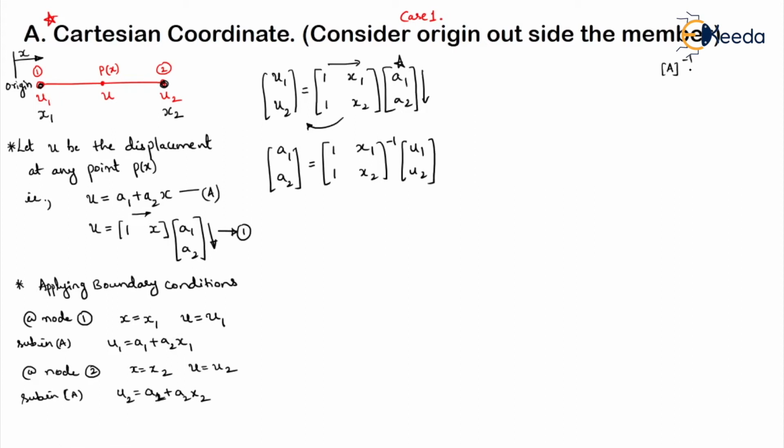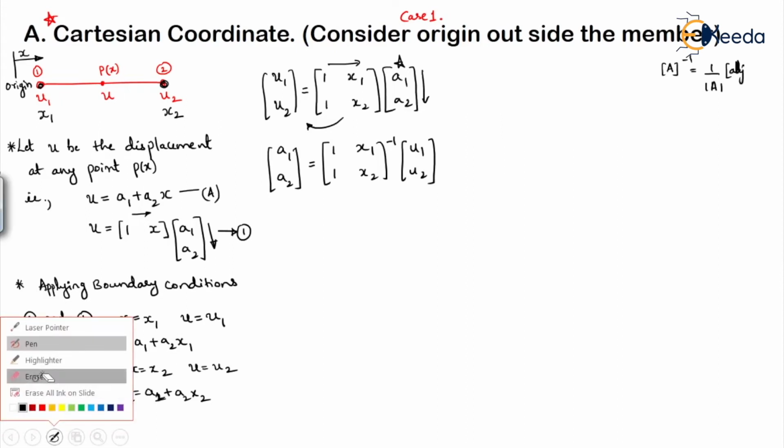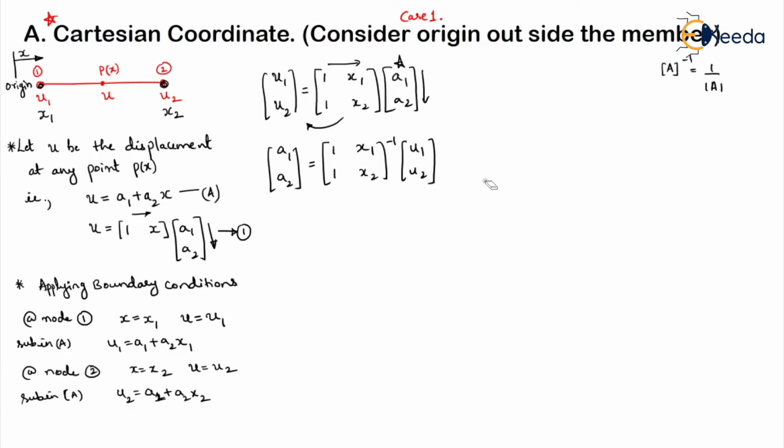It is 1 by determinant of that matrix into adjoint of that particular matrix which is given to us, right?